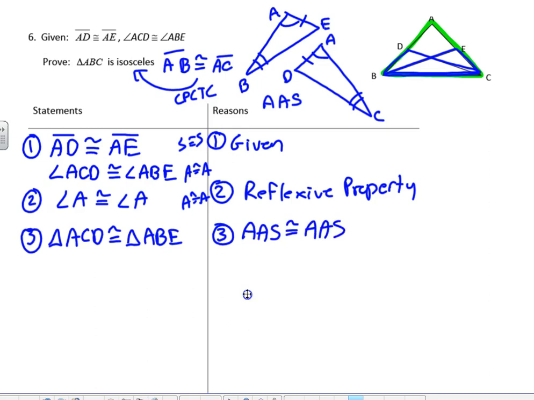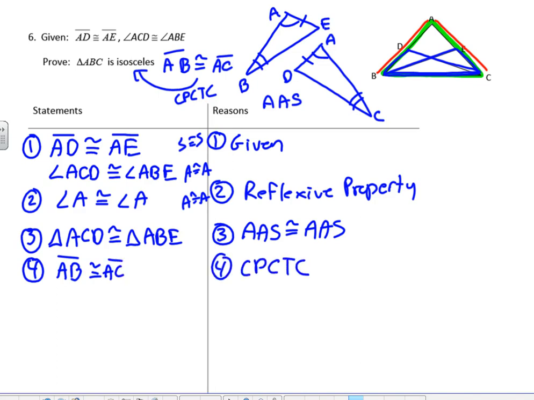Okay, so again, I'm looking at that big triangle and I'm realizing that what I wanted to show was that this side AB and AC are going to be congruent. Well, the nice thing is those are parts of the two triangles. So we've got AB congruent to AC, and that's corresponding parts of congruent triangles are congruent, and therefore triangle ABC is isosceles.